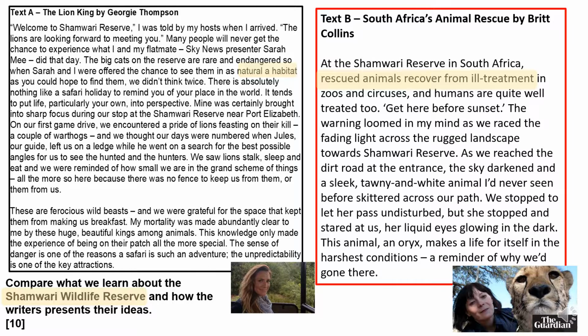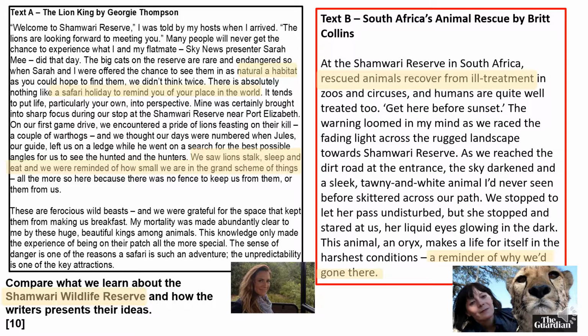And what's really important is that you can see that we're highlighting from each of the relevant texts. Thompson goes on to say in text A that Tawe Wildlife Reserve helps remind you of your place in the world, that you get up close and personal with the animals. She comments on how she saw lions stalk, sleep and eat.